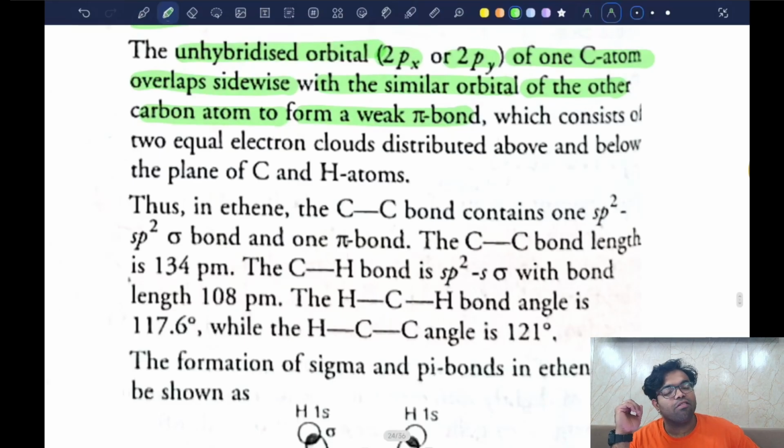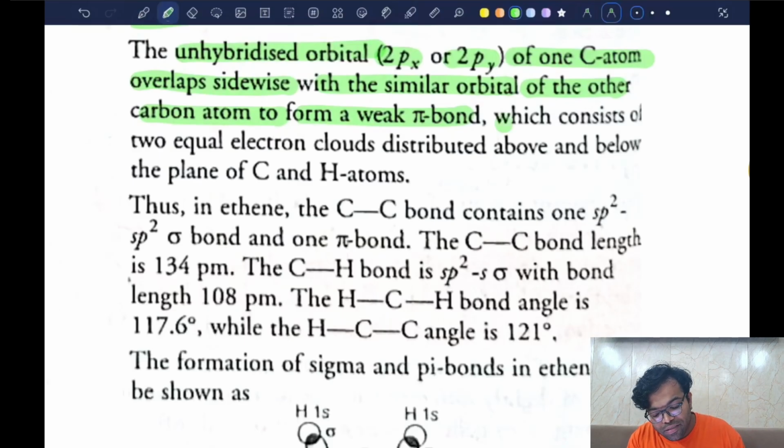Okay, in the case of ethene molecule, one sigma bond is formed, and then you have one pi bond. Only one sideways overlap is required. Thus, we get one sigma and one pi, therefore a double bond. 1 sigma 2 pi gives you a triple bond. 1 sigma 1 pi gives you a double bond.